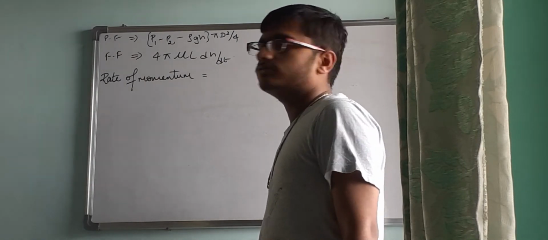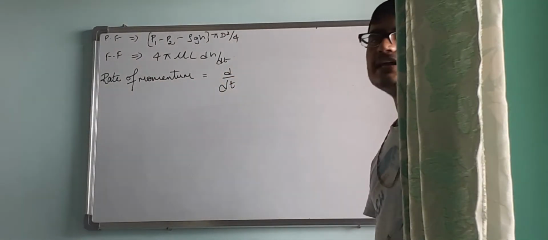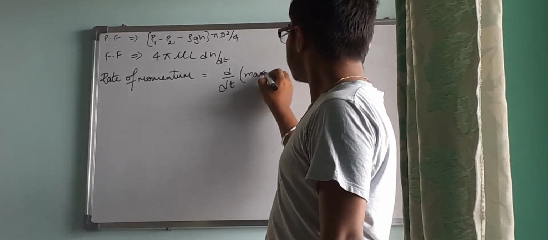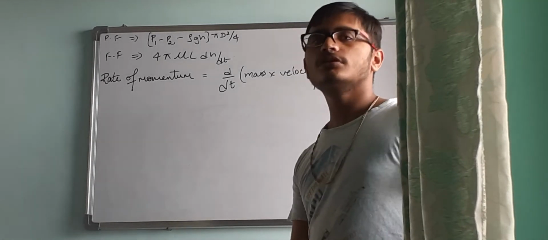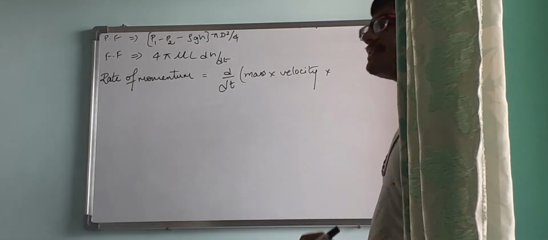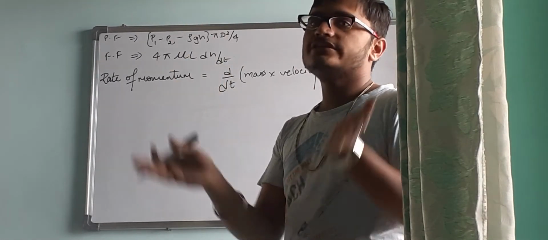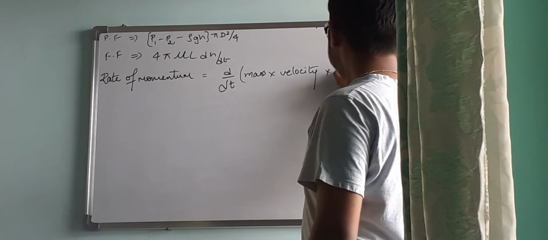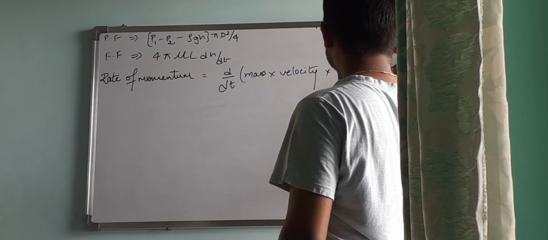Momentum is nothing but mass into velocity. If there is some error in the U-tube manometer, that correction factor also should be included. So, the momentum correction factor.